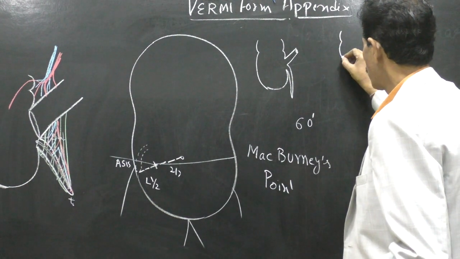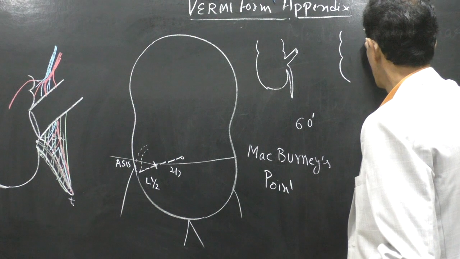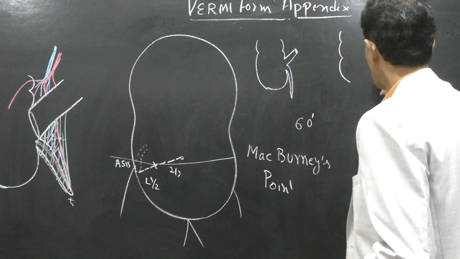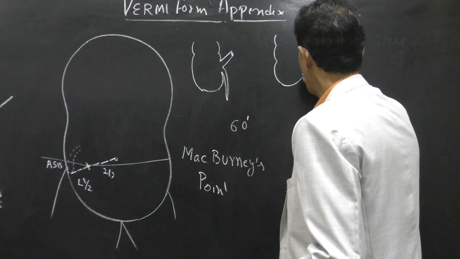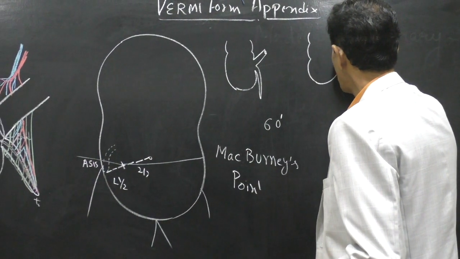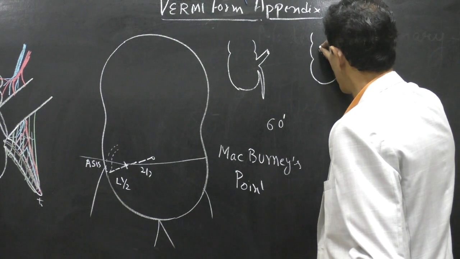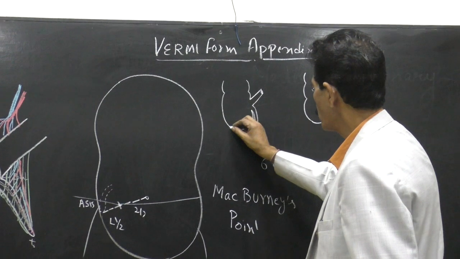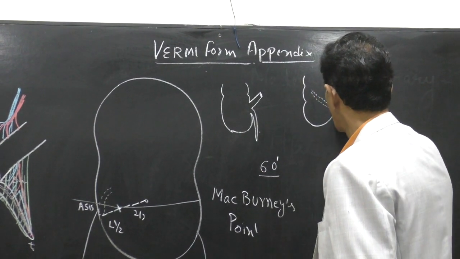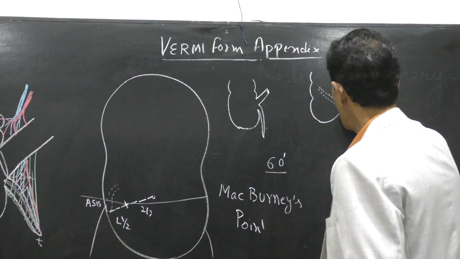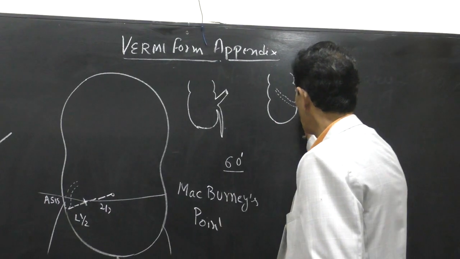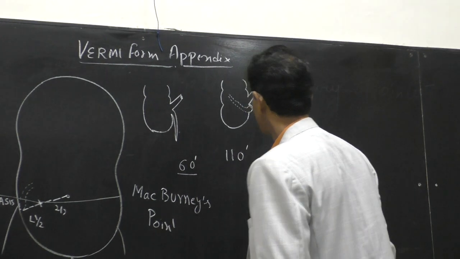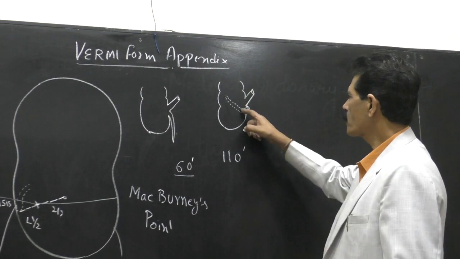Then the appendix may be paracecal in position, in this way, behind the cecum. This is the embryological position at 6 o'clock, while in some individuals it reverts back and goes behind. This is called the 11 o'clock position, the post-cecal position.